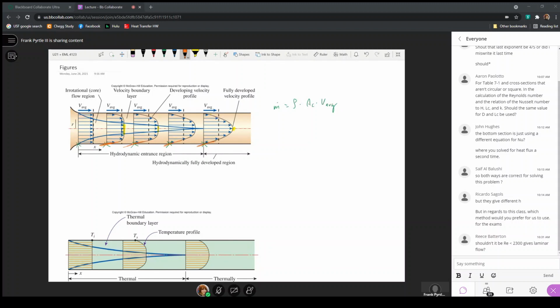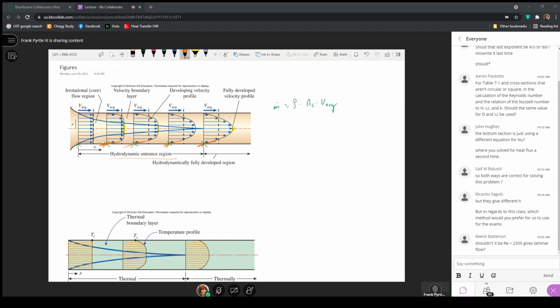This is the velocity distribution. The velocity u, which is in the x direction, as a function of r: this gradient in the velocity distribution is what will be multiplied by the dynamic viscosity of the fluid in order to find the shear stress. This shear stress is changing along the length of the pipe in the hydrodynamic entry region because the velocity gradient is changing.